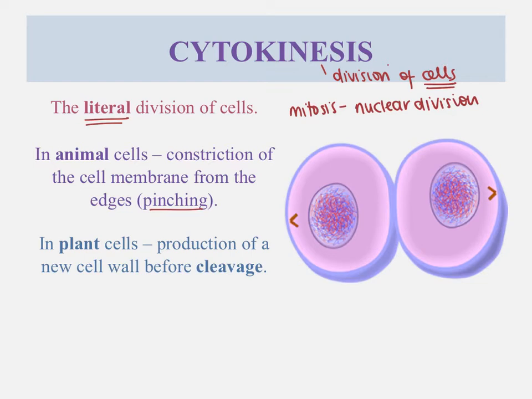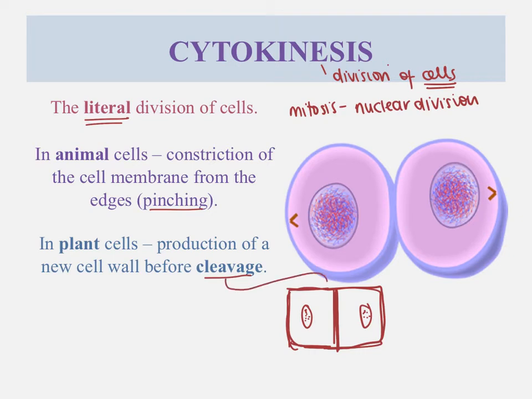In plant cells, however, there's not a picture on the next slide, but if we've got 2 distinct nuclei like this, the plant cell actually lays down a new cell wall in the middle before the 2 cells separate. That process of laying down a new cell wall comes before the separation process, which, for some reason you need to know, is called cleavage. It's just that division.